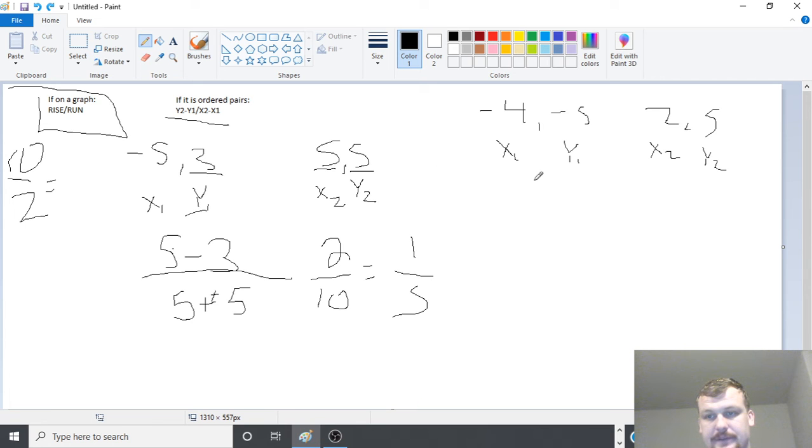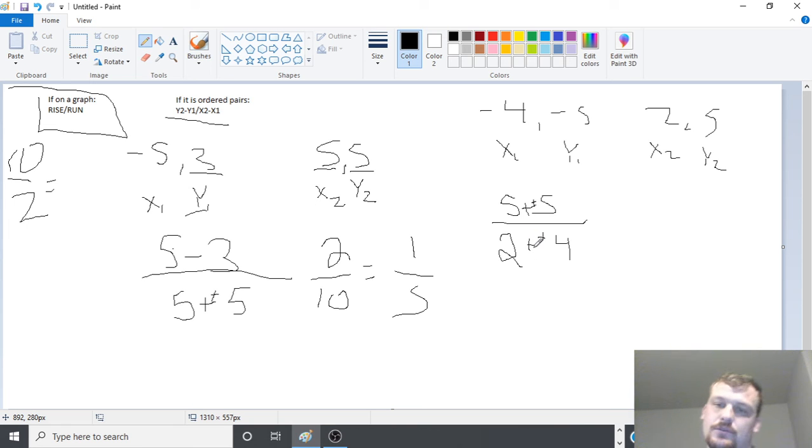Now this turns into just plugging it into the formula. First y2, 5, minus y1, which is -5. So it's minus a -5, which turns into a positive, over x2, which is 2, even though that's a really bad 2, minus x1. Again, it's minus a -4, so it turns into a positive.